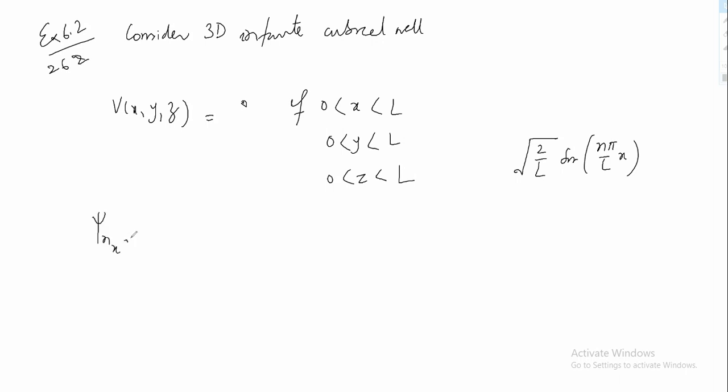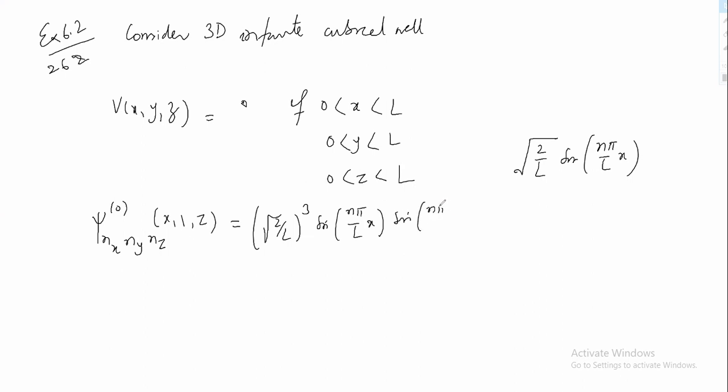Psi nx, ny, nz of x, y, z. You will count it 3 times. That means square root of 2 by L, 3 times: sine n pi by L x, sine n pi by L y, and sine n pi by L z.